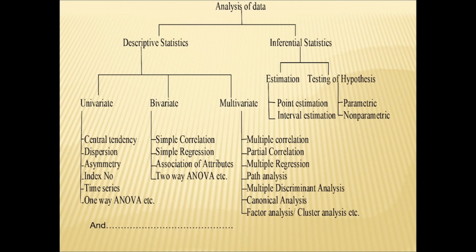What is central tendency? If I want to represent this whole audience into a single figure, we opt for arithmetic mean, generally, or median, or mode. With the help of this arithmetic mean, or median, or mode, whatever may be, we try to represent this whole audience.